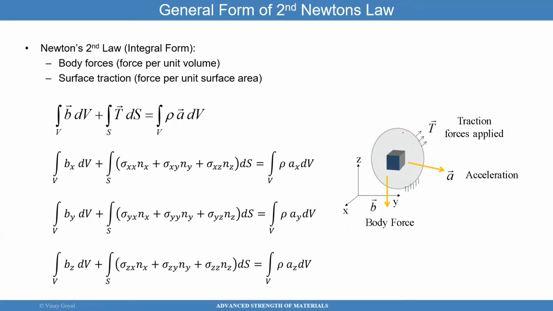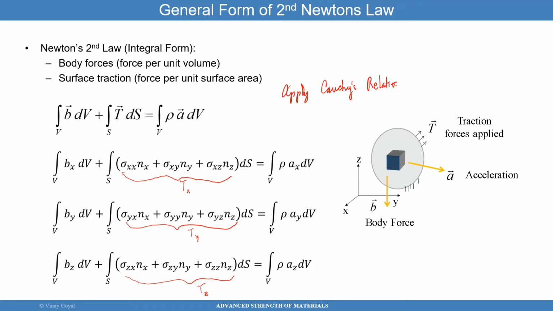This equals Tx, this equals Ty, and that equals Tz. So all I've done is apply Cauchy's relationship.